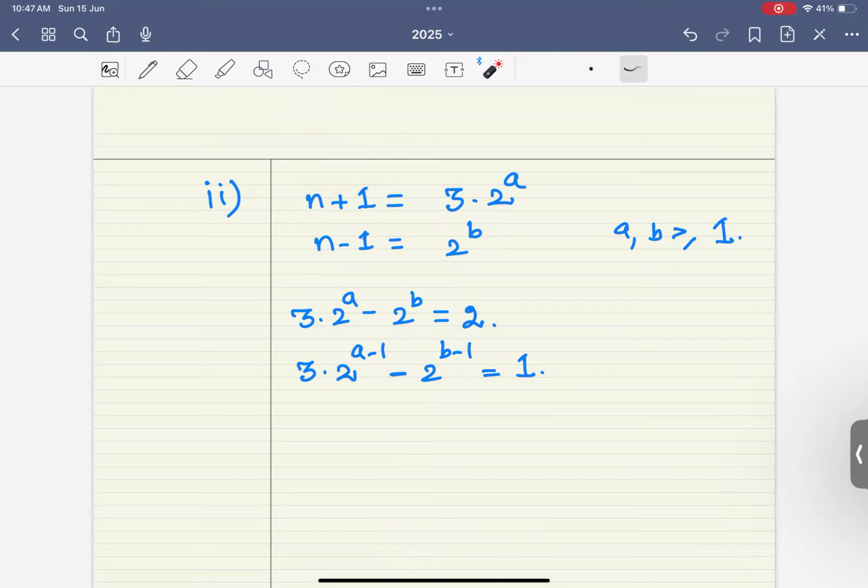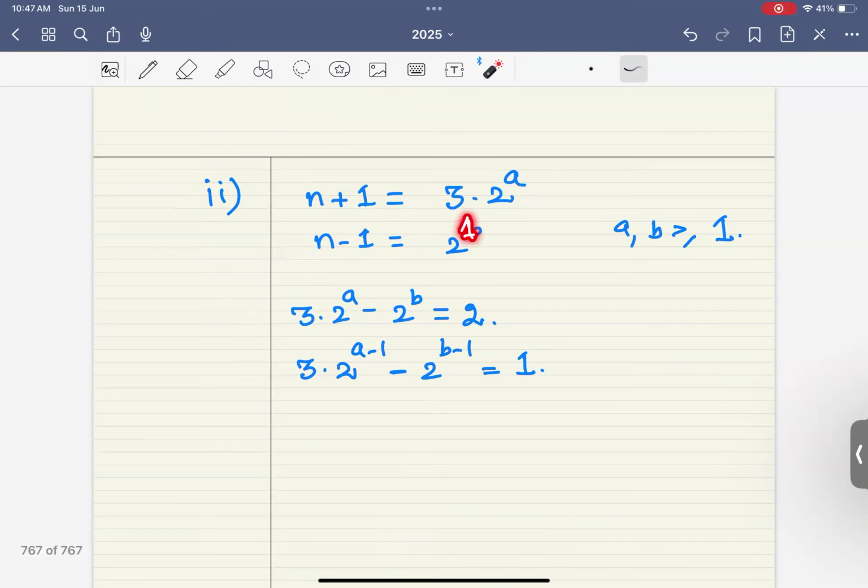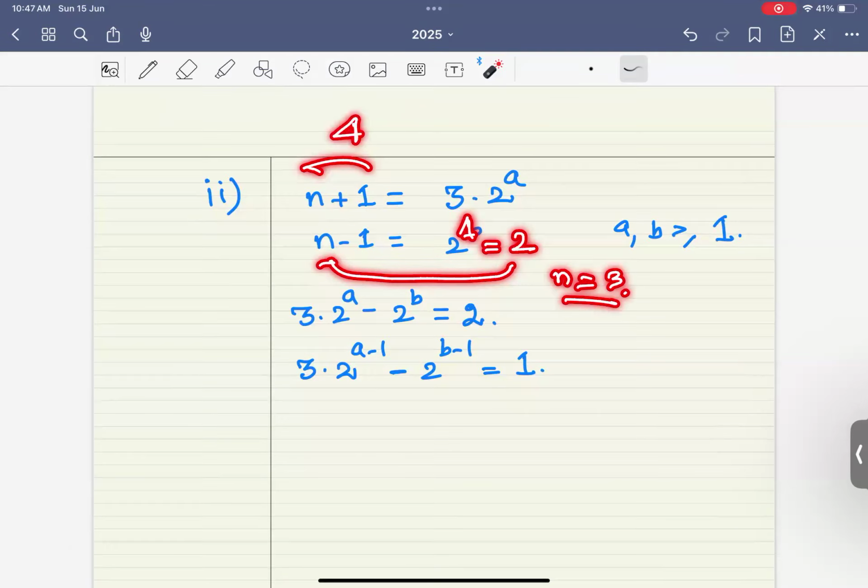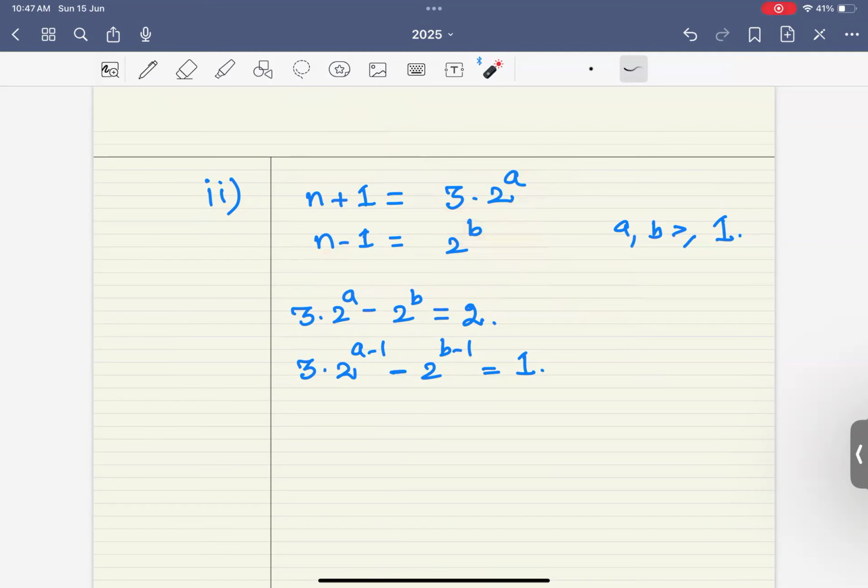So what I'm saying is that if b is indeed 1, then this is 2, that makes n as 3, and so this quantity becomes 4. And this is not possible because this is a multiple of 3 and this is not a multiple of 3. So that doesn't work, right?